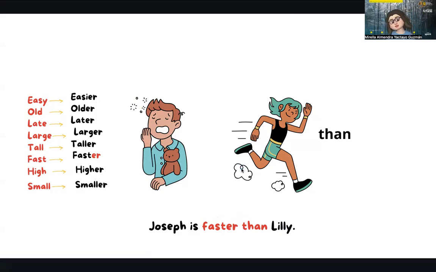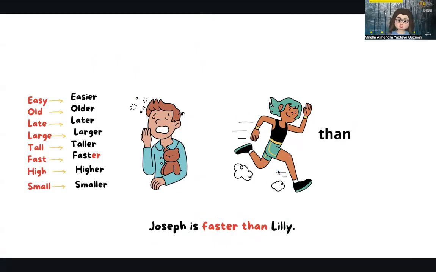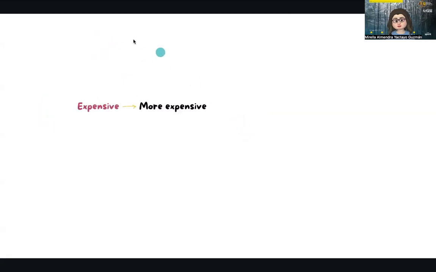We are making a comparison among two people, in this case, Joseph and Lily. We use the adjective in its comparative form, faster, and also the word than after it. Try to create your own examples. You can pause the video for it. Now let's continue.